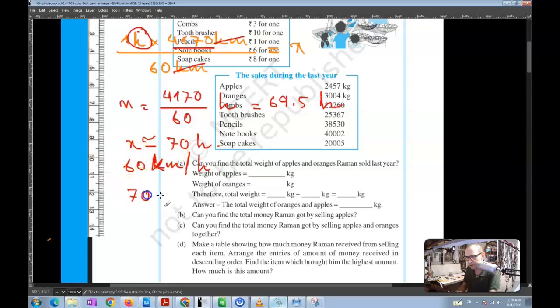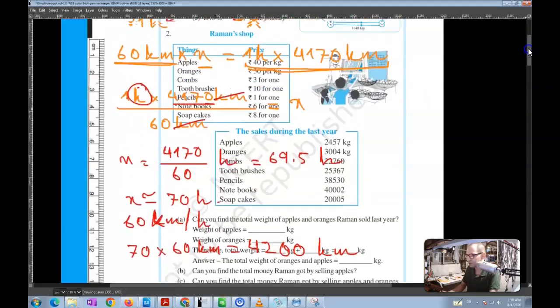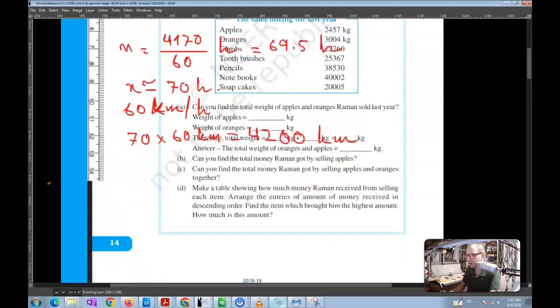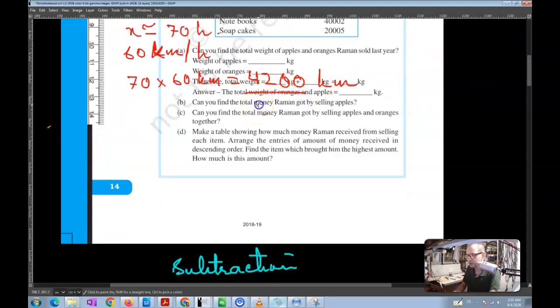So 70 times 60 kilometers is going to be, what is that? 7 times 6 is equal to 42, and then we have 2 zeros over here, so that's 4200 kilometers, which is the distance that we had over here, 4170 and 4200. So now the answer is correct and everything is without any problems.